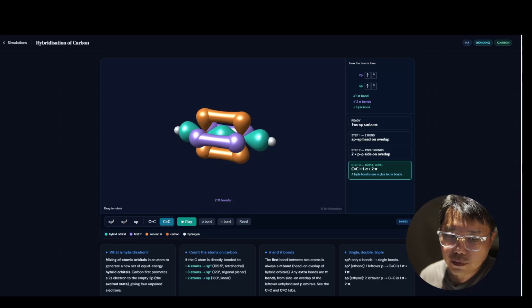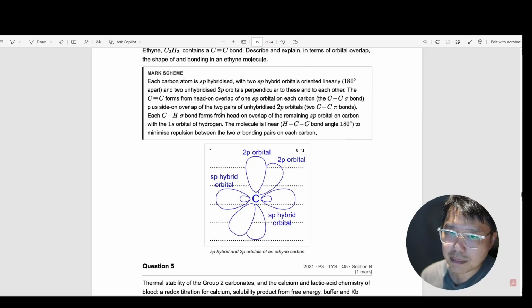The thing that's different about this question is that you actually need to describe. Each carbon is sp hybridized, with sp hybrid orbitals at 180 degrees, and then two unhybridized 2p orbitals perpendicular to each other. The sp orbitals will form a head-on overlap to form your sigma bond, and the unhybridized 2p orbitals will form the pi bonds.